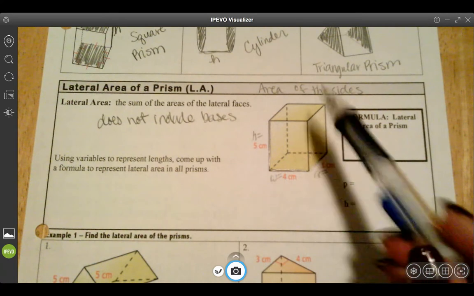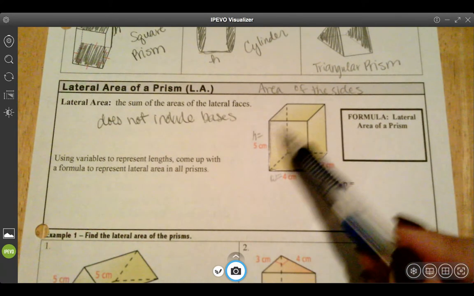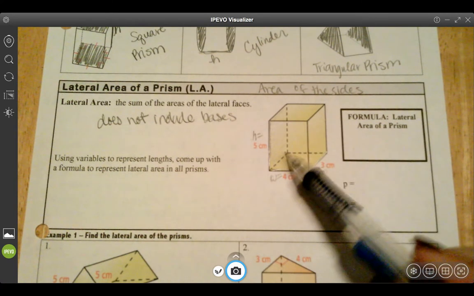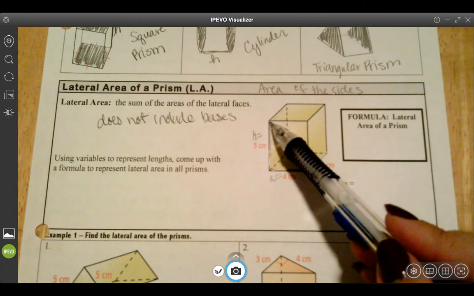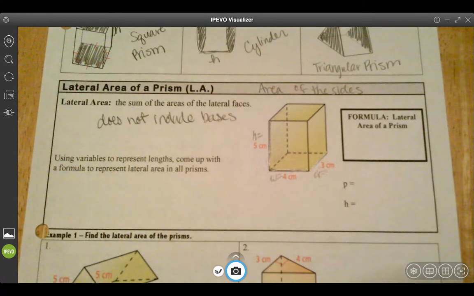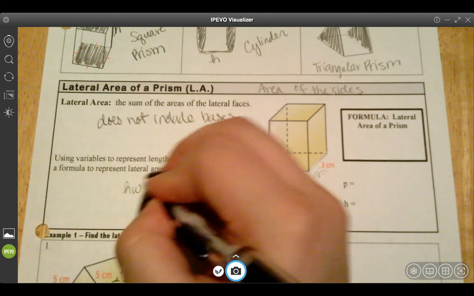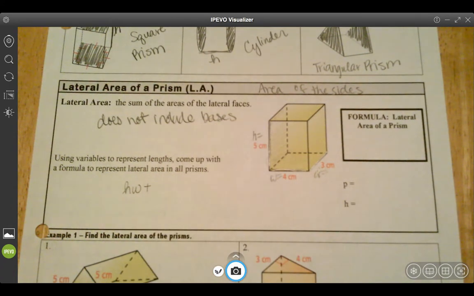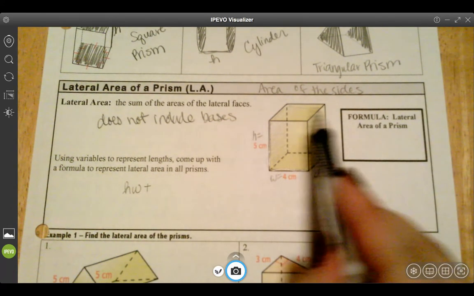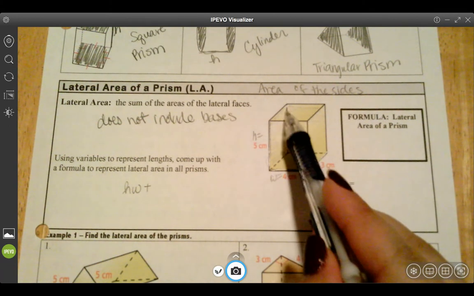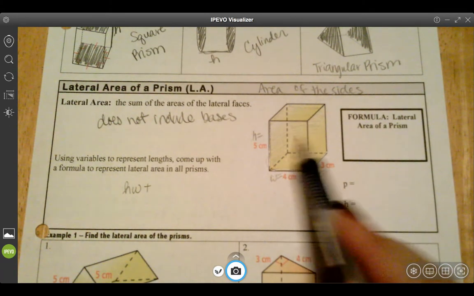So in order to find this area, we're going to find the area of each side. If I look at the side that I just lightly colored in, that would be H times W, right? HW plus, and then I'll find the area of this one in the back. Well, this one in the back has the same height, right?